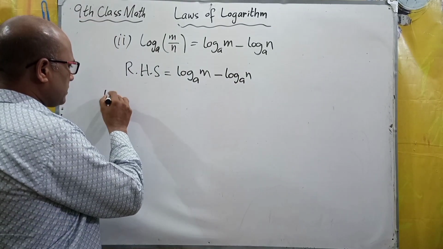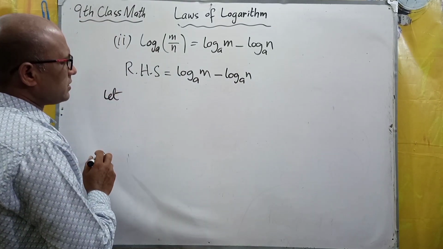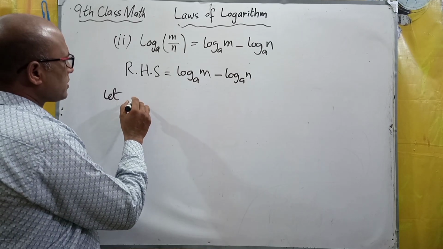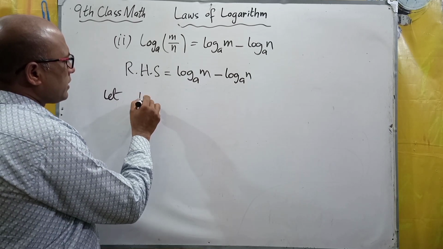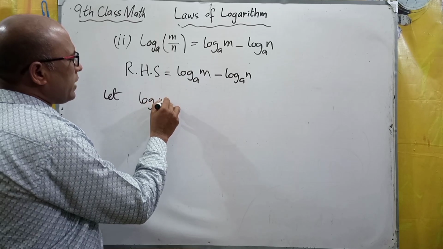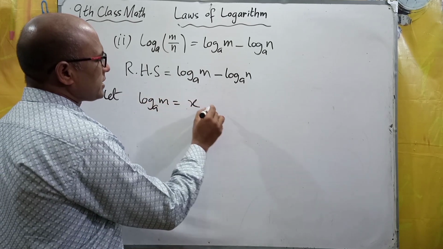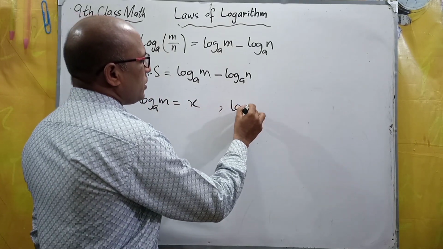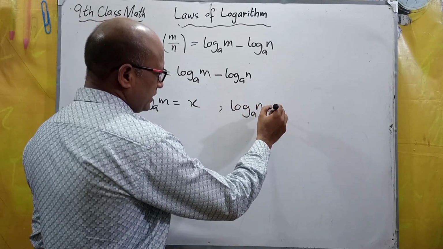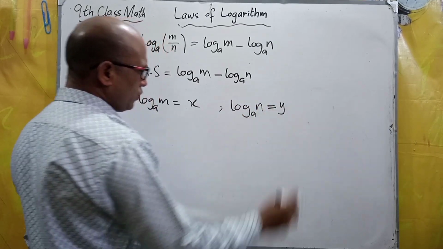So we'll write let log a of m is equal to x, comma log a of n is equal to y.